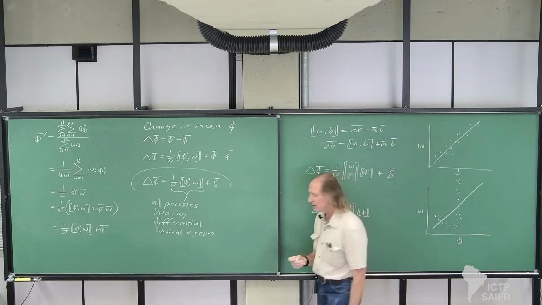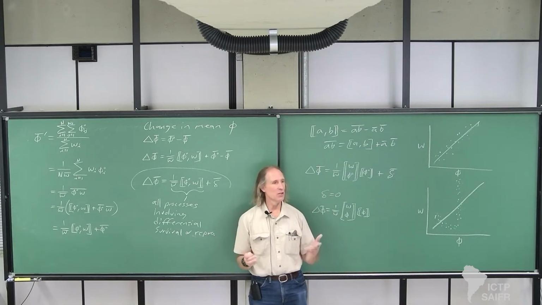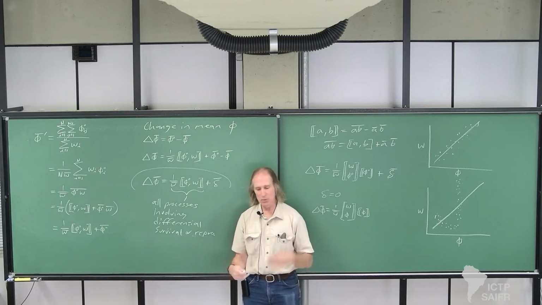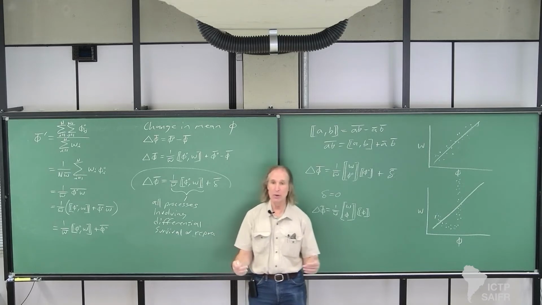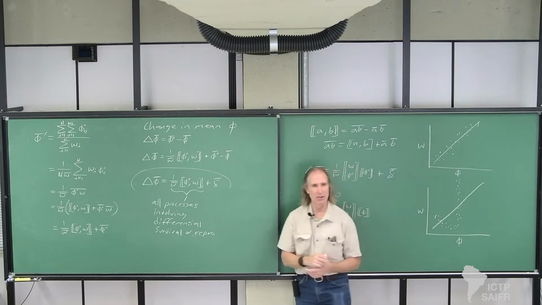Because drift involves differential reproduction or differential survival. It involves random variation in how many descendants you produce, okay? And so some individuals might produce more offspring than others. If that happens randomly, that contributes to drift, not selection. But it's still differential survival or reproduction.